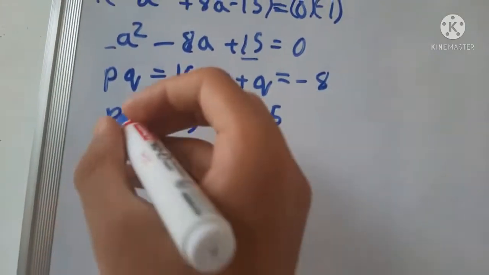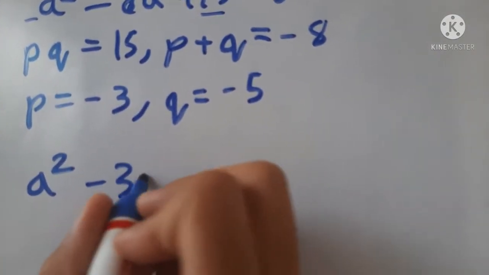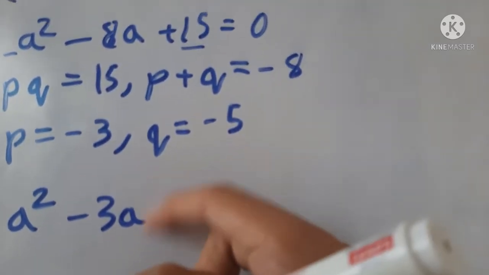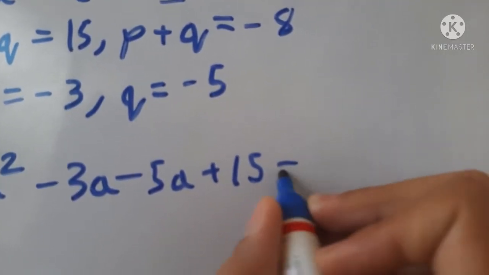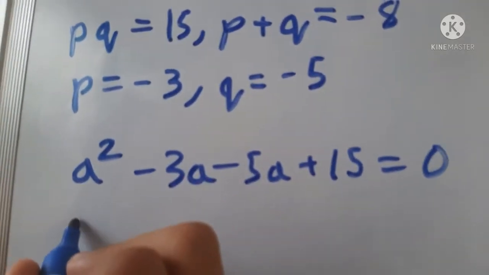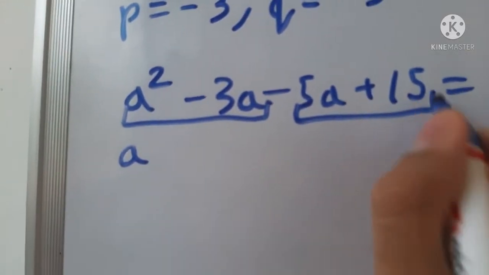So what we do is we take a squared minus 3a minus 5a plus 15, and this is equal to 0. Now we factorize by grouping. First we take these two terms and then these two terms.